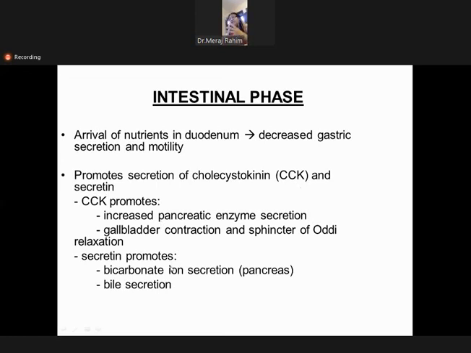So in this way, as food enters into the mouth, it goes into the stomach, it goes into the intestine, everything is coordinated by the nervous mechanism to stimulate the stomach to secrete gastric secretion, the gallbladder to secrete bile juices, and the pancreas to secrete pancreatic secretion. So in this way, all this nervous mechanism supports the digestion at various places.